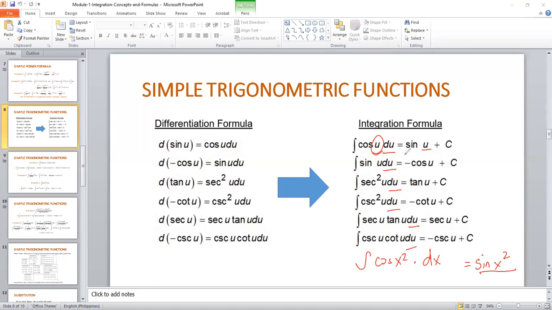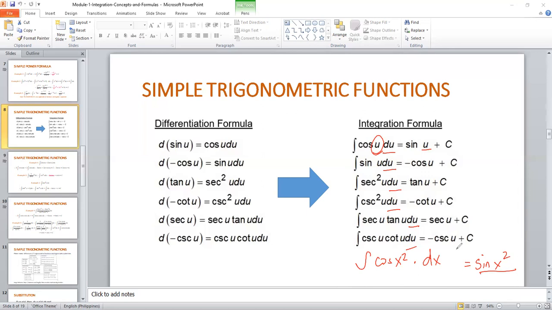If the derivative of the u is not present with it, you cannot write this right away as the answer. Maybe you need to do what we call substitution, or you need to manipulate your given integral first.